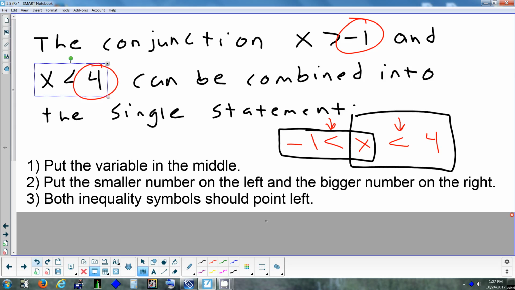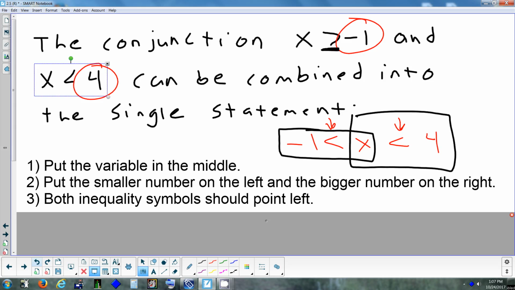So it kind of takes those two inequalities and combines them into one. Any questions on those steps? X in the middle, smaller number on the left, bigger number on the right. Both signs point left. Should it have a line under it? Well, go back to the original problem. If this one was like this, then the inequality with the -1, I would have done like that.